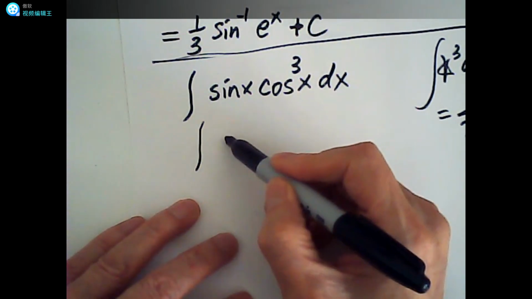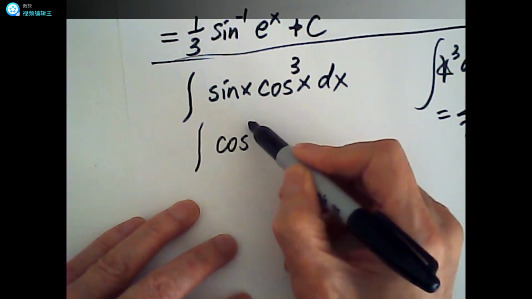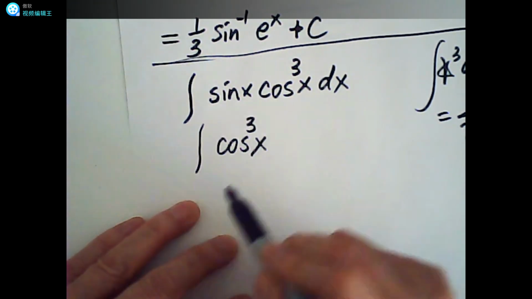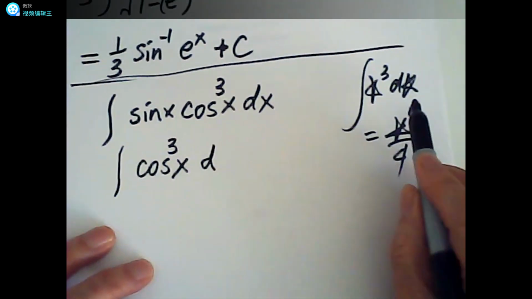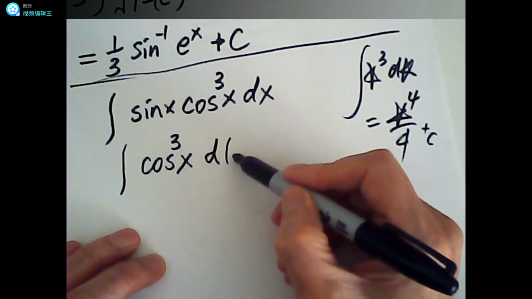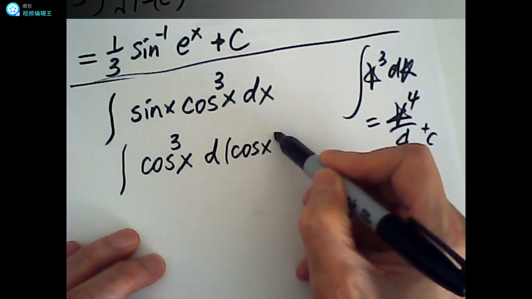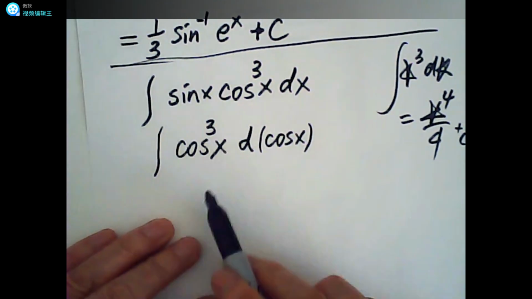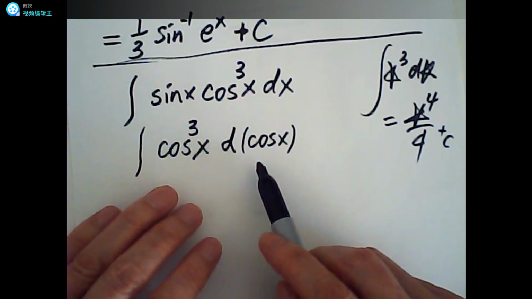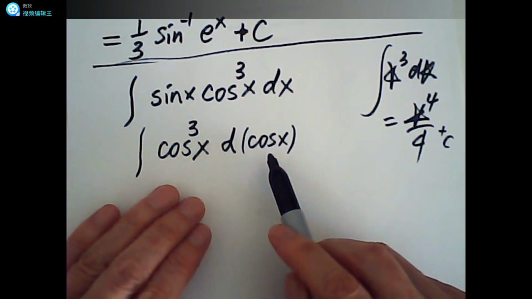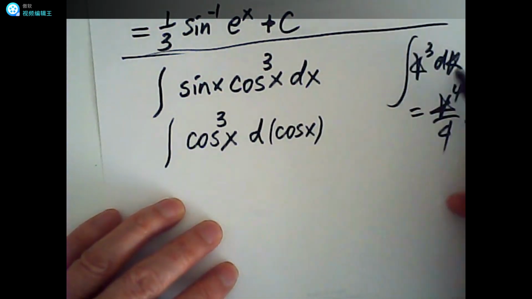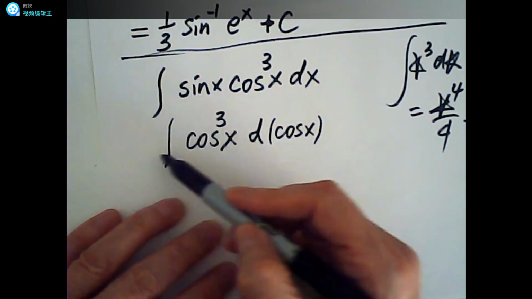Okay, this is cosine cube x, d cosine x. No equal sign, so I can write anything. I try to write something which is good for my formula. Now this fits the formula, but not equal.